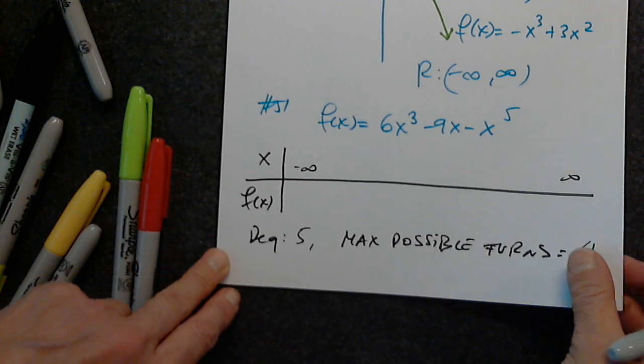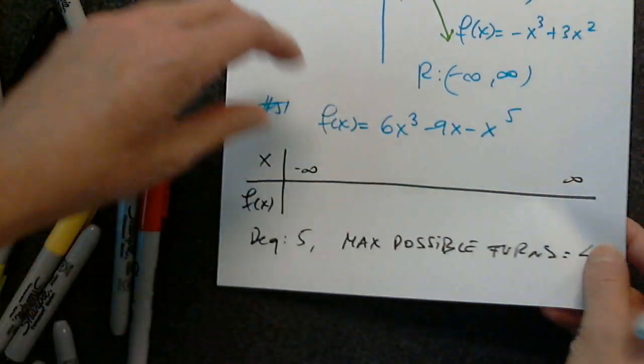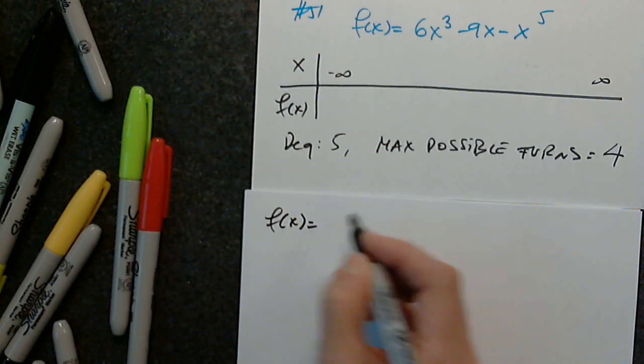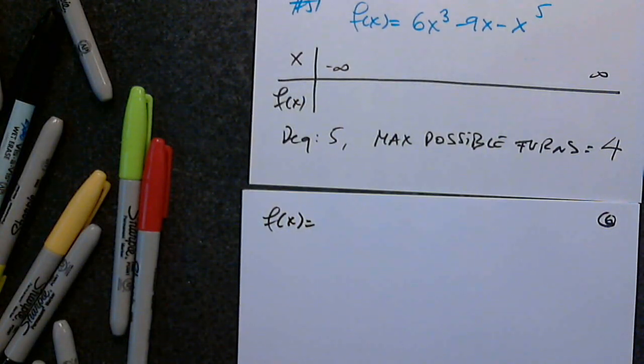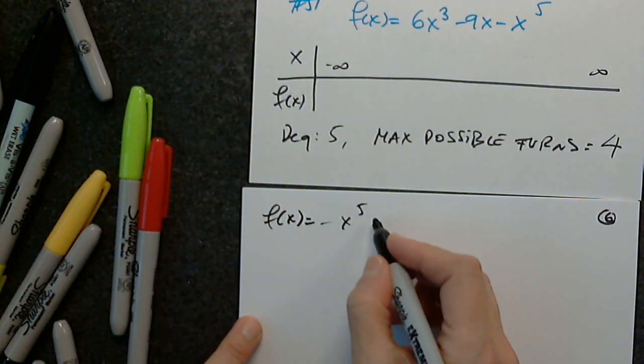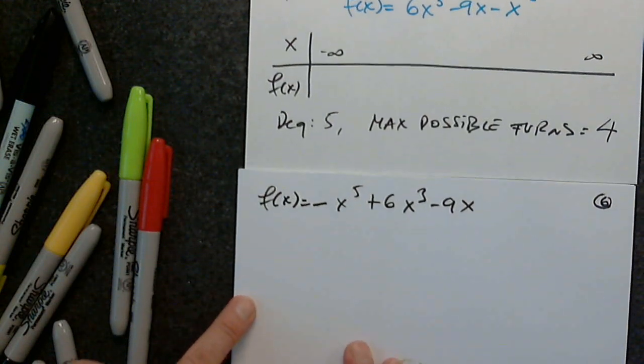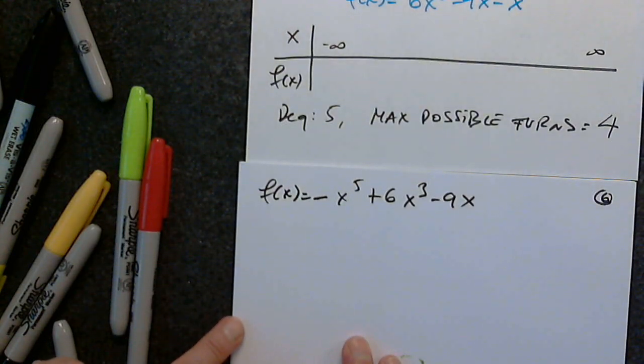Let's arrange it in descending order and identify the end behavior. So f of x will be negative x to the 5th minus... Awesome. Perfect.